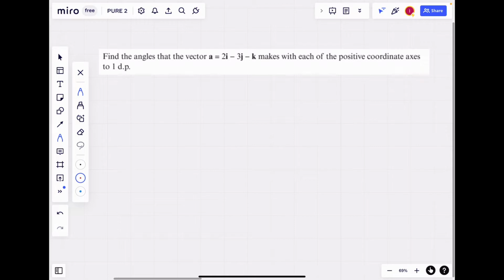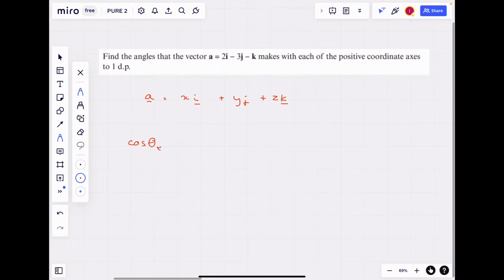If your vector is in this form, xi plus yj plus zk, and you want to work out the angle with the axis, depending on which axis you're looking at, you're going to use cos theta and then that axis.